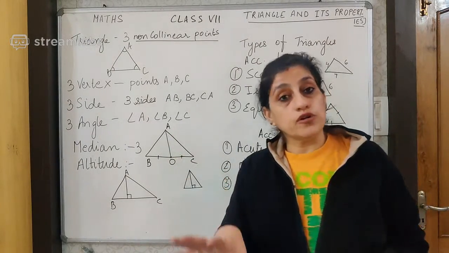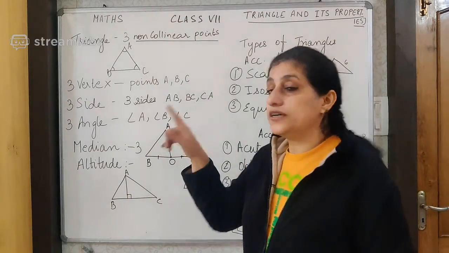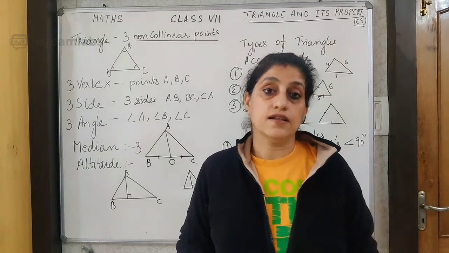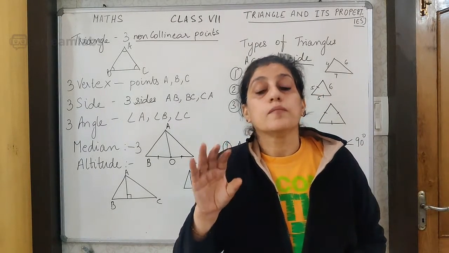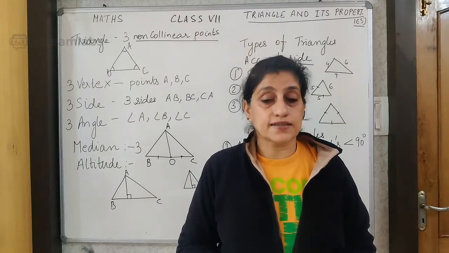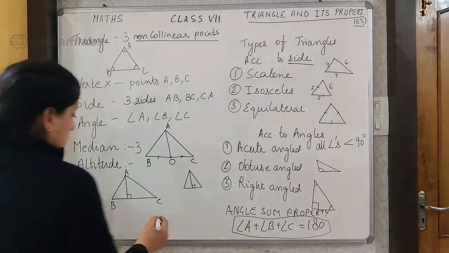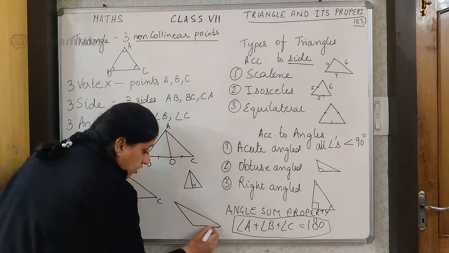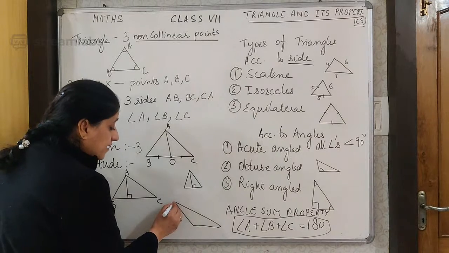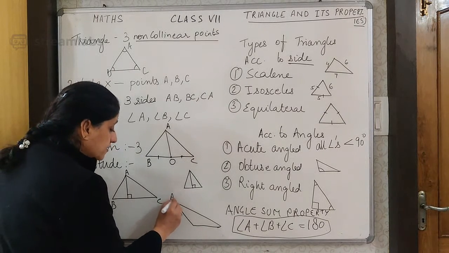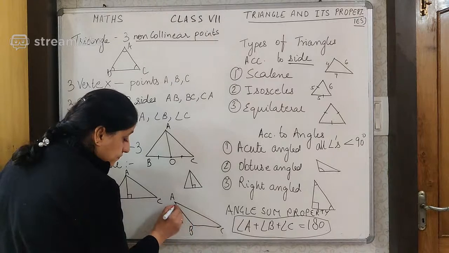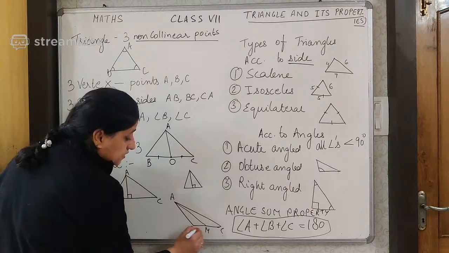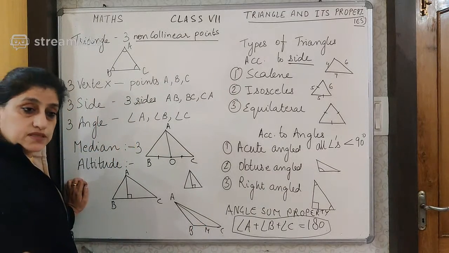Okay. And one more very important thing. Median always lies inside the triangle. But altitude may or may not lie inside the triangle. I'll give you an example. Suppose I have an obtuse angled triangle over here. If I am going to drop a median from here, this is going to be the median and BM will be equal to MC.